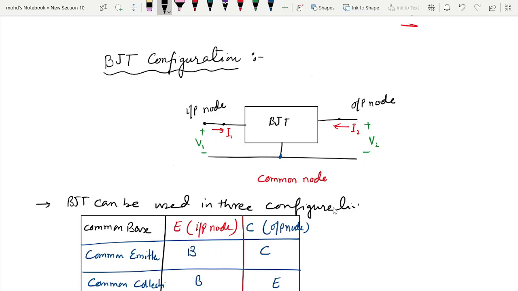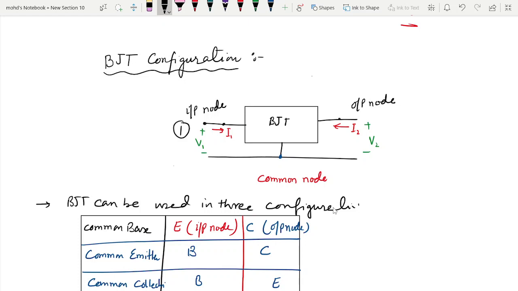At the input terminal, let's assume the current flowing is I1, and the current flowing through the output terminal is I2. The voltage at the input terminal is V1 and at the output terminal is V2.